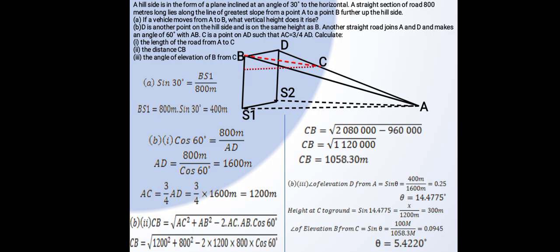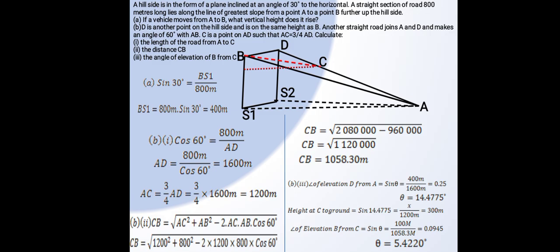Now, what will be the height of C to the ground? We have now had the angle of elevation from D to A is 14.4775, which is the same angle of elevation from A to C. So you can use that to calculate the distance from C to the ground.